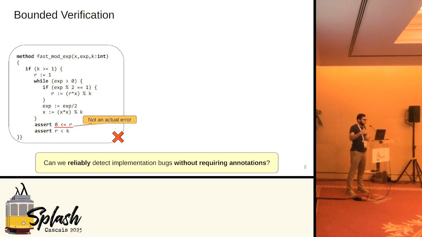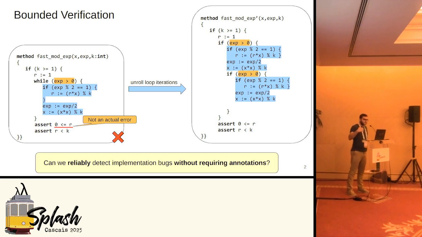And so, as hinted by the title, what we can do is bounded verification. And in our verifier, we can achieve that by unrolling the loop iterations, like so. So here we are unrolling the loop iteration twice. You can see with the colors we guard the executions with the loop condition. And then because we unroll twice, we need to ignore the executions that would execute the loop more than 2 iterations, which we do with this assume statement.